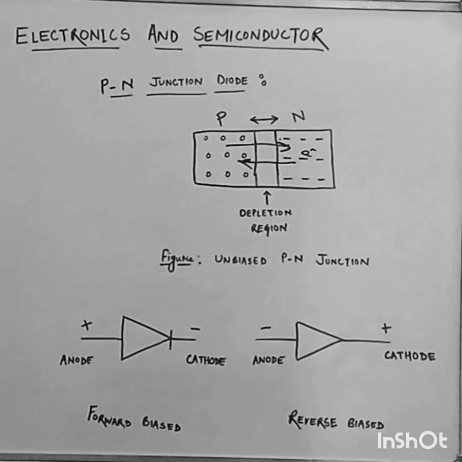There is also a potential drop developed across this junction, known as the barrier potential, and that potential prohibits the further diffusion and recombination of holes and electrons.